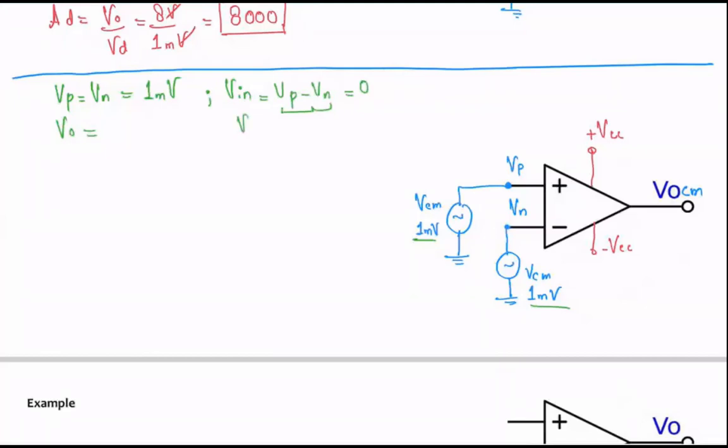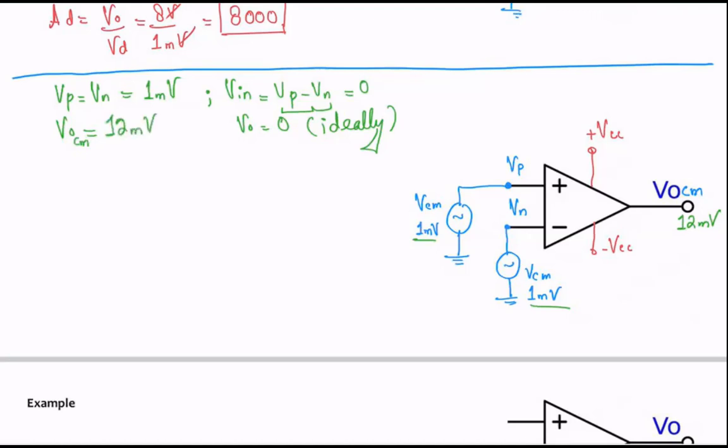So V out is going to be 0 ideally, but like I said, there are some imperfections in op-amps. It's going to be a very, very tiny voltage close to 0, and that is given in this question as 12 millivolt. So your VOCM is basically 12 millivolt.